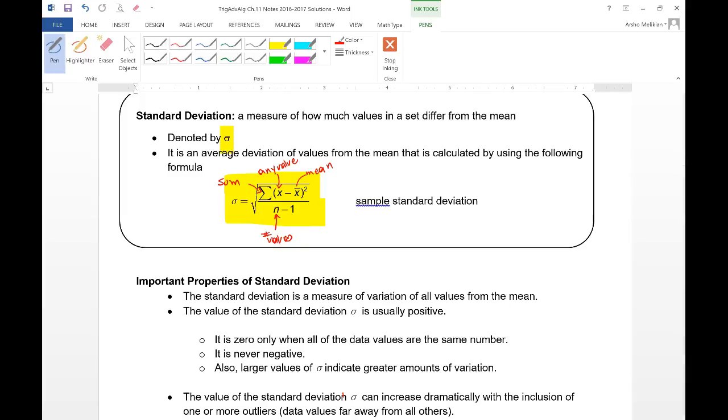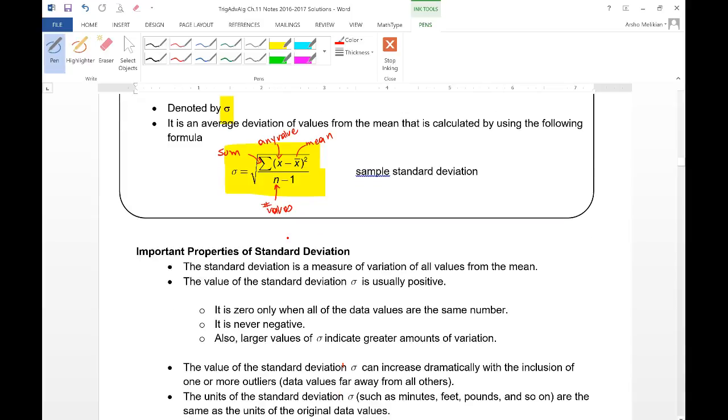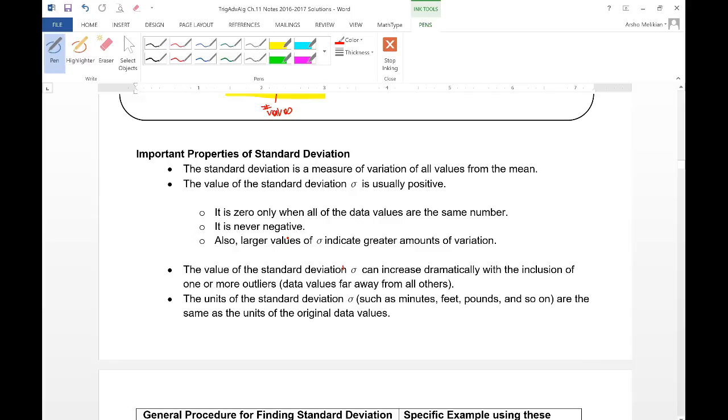So it's quite a process, but we're going to do it. That's how it is. There's one formula for standard deviation. Sigma means sum.